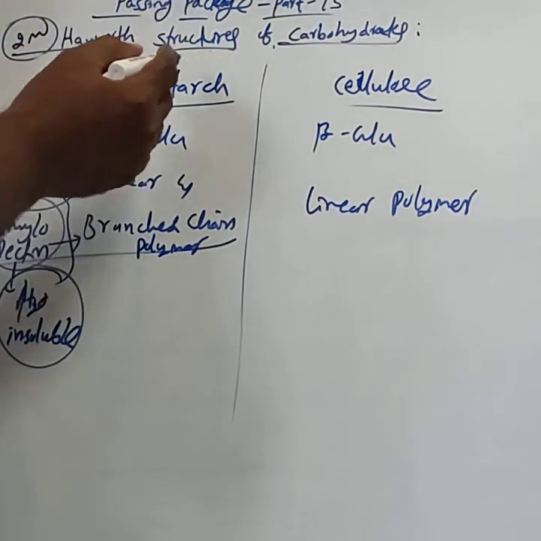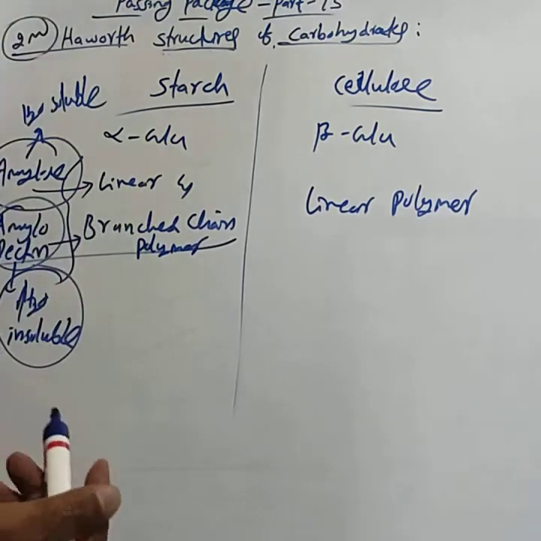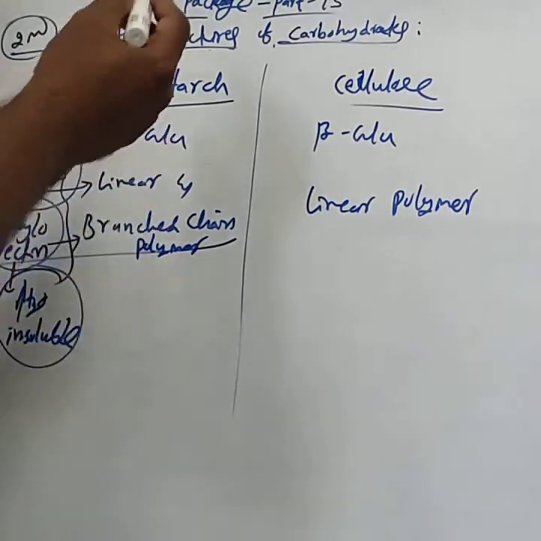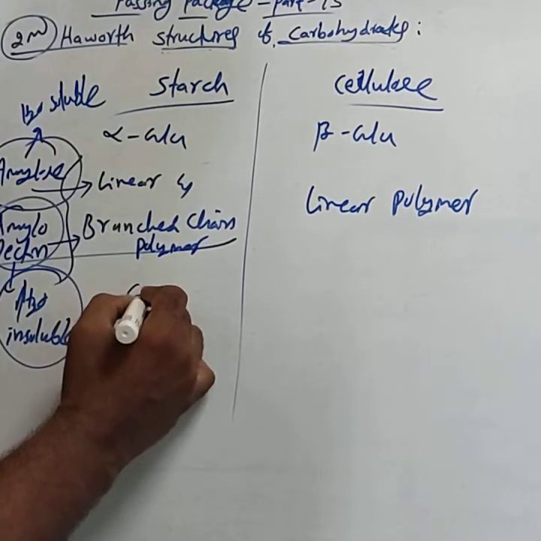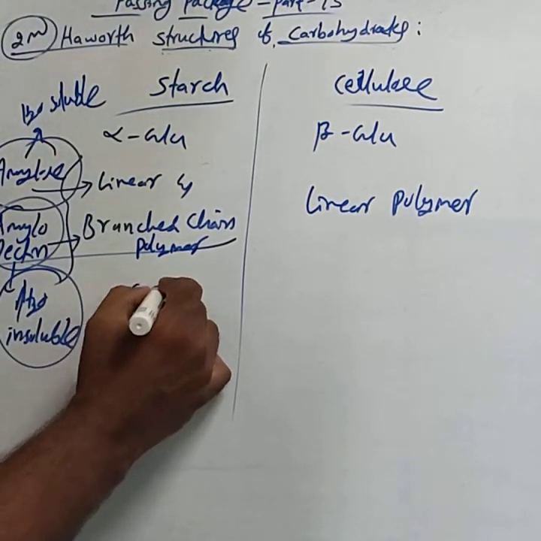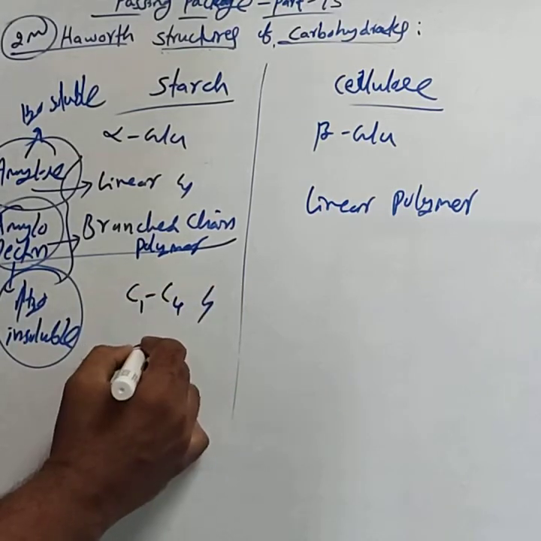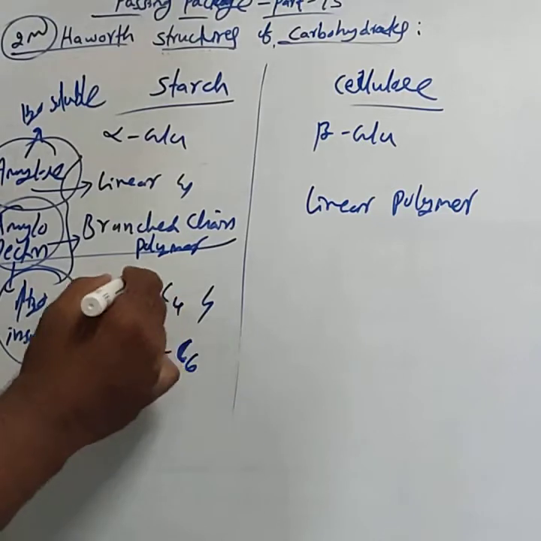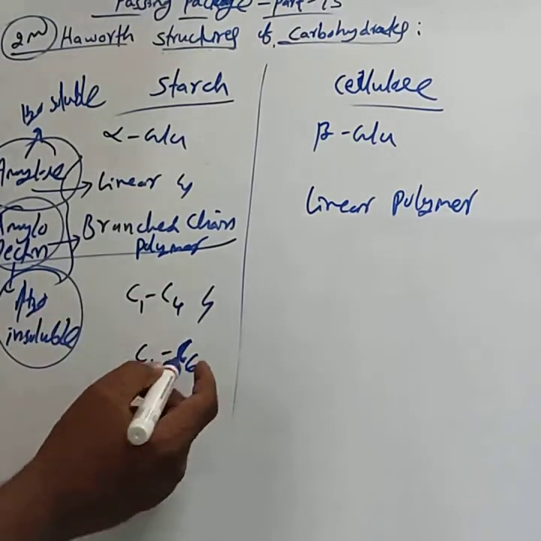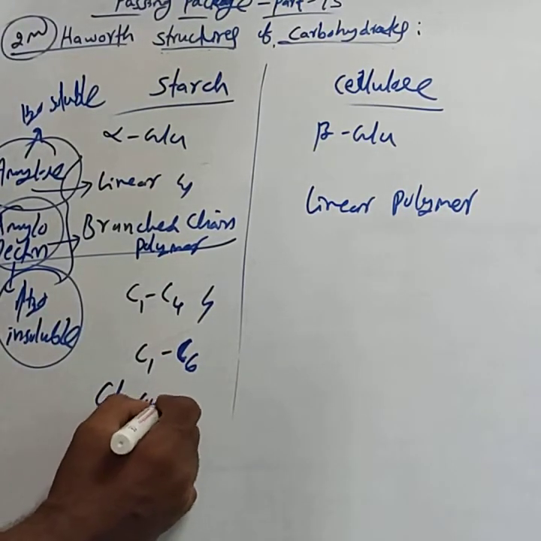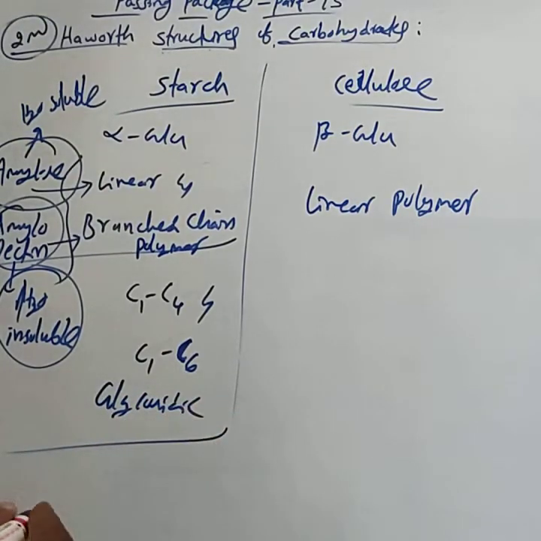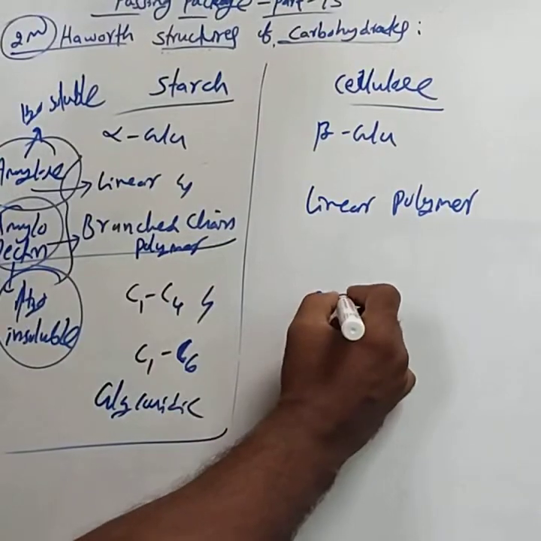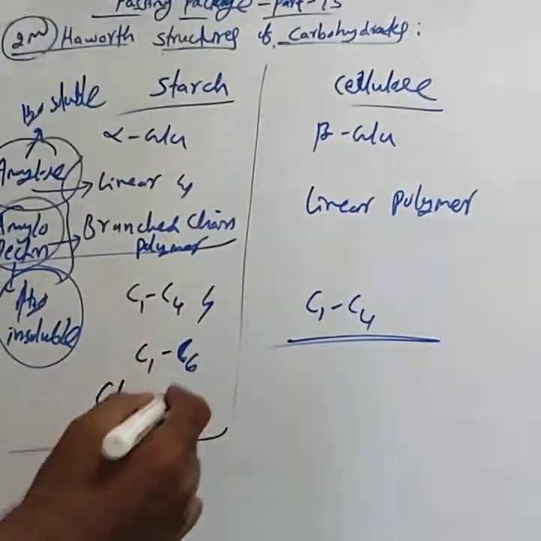Hence, starch has both linear and branched chain polymer, while cellulose has only linear polymer. Starch consists of both C1-C4 and C1-C6 glycosidic linkages, while cellulose is made up of only C1-C4 glycosidic linkage.